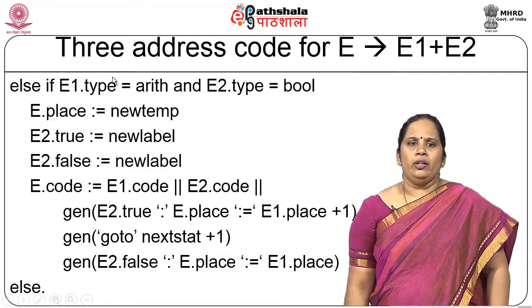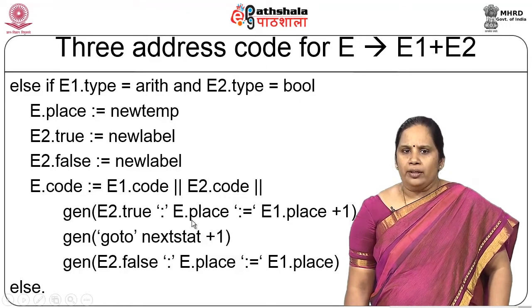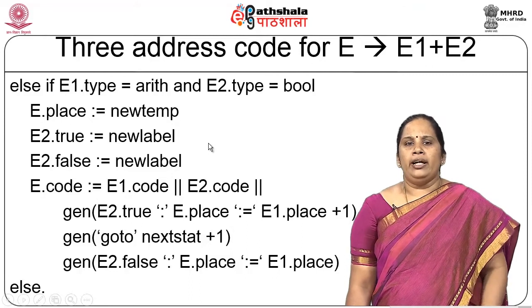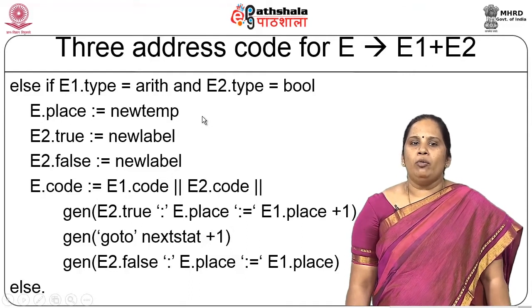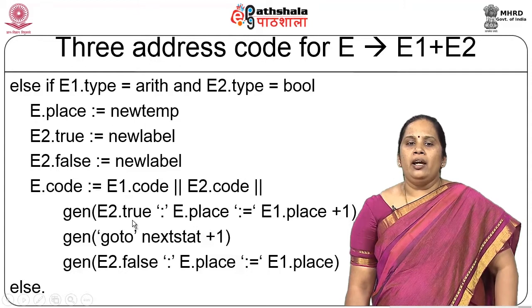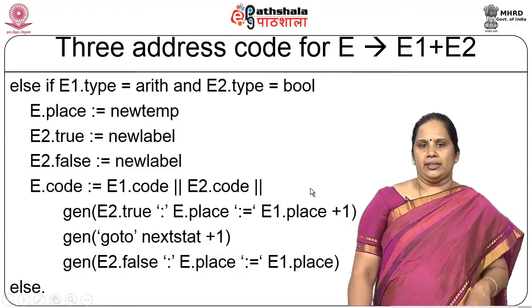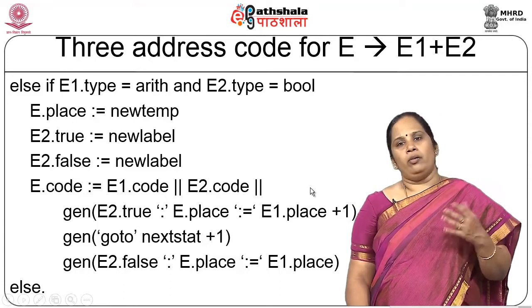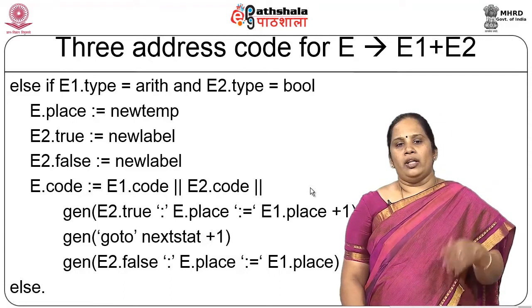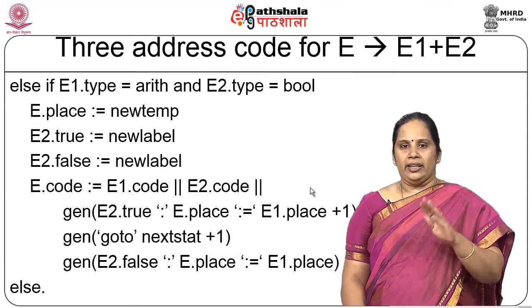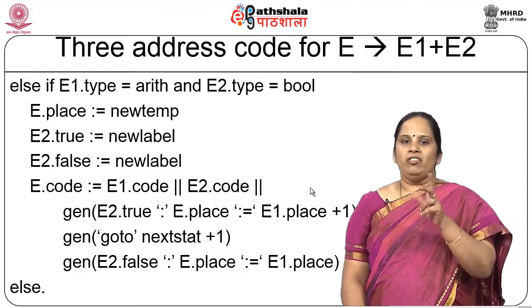If E1 dot type is equal to bool and E2 dot type is equal to arithmetic, I have to do the reverse. And if both are Boolean, how do I handle it? I will simply say E2 dot true, under the true label, I have to consider 4 cases. E1 could be true, E2 could be true, E1 could be false, E2 could be false, etc. Depending upon that, I will either retain the same value if one of them is false.